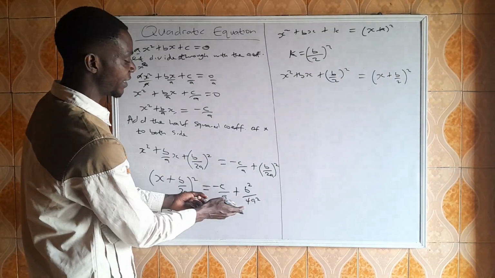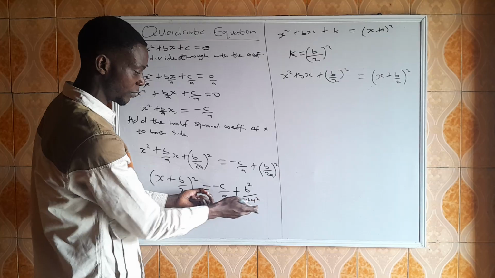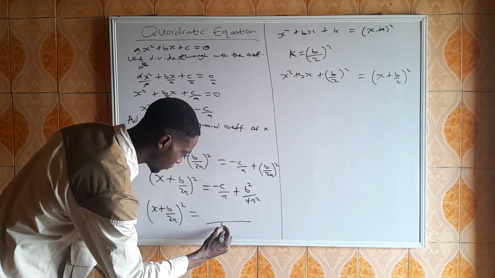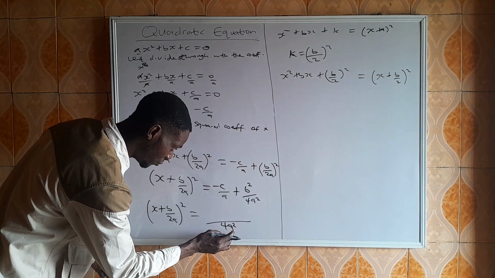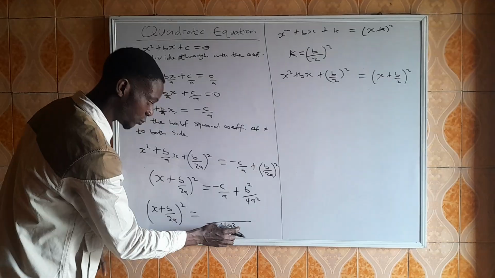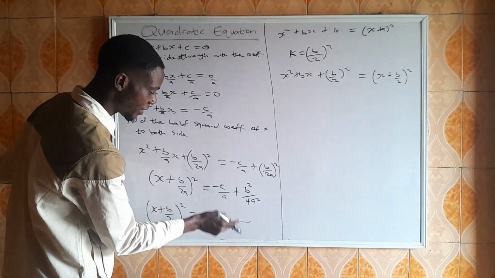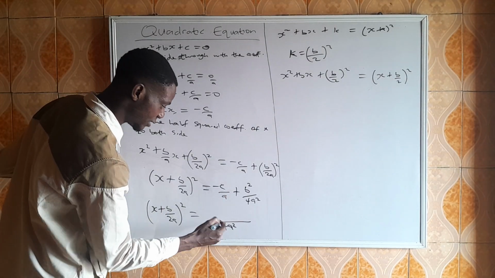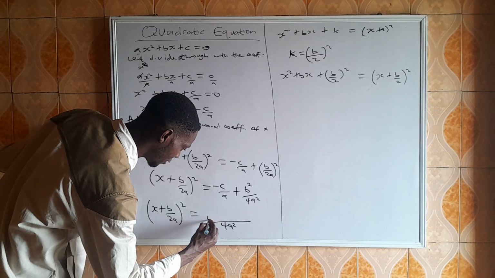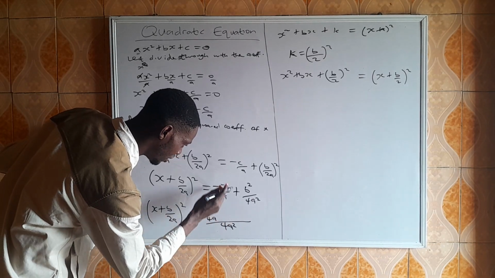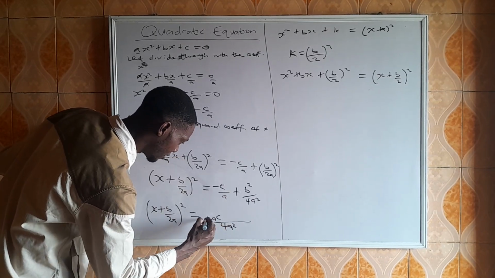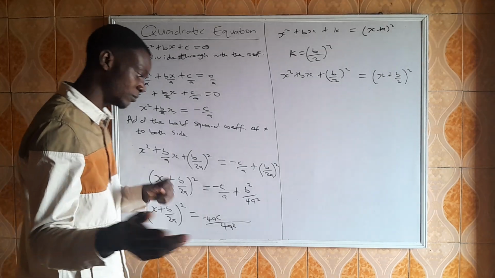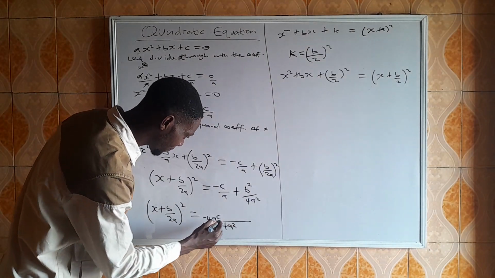Now we can find the LCM of this expression. The LCM is 4a squared. A can go into this, and 4a squared can also go into 4a squared. Now, 4a squared divided by a is 4a, then multiplied by c. So remember our LCM from primary school.